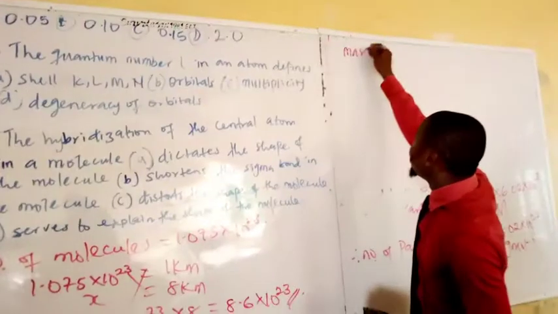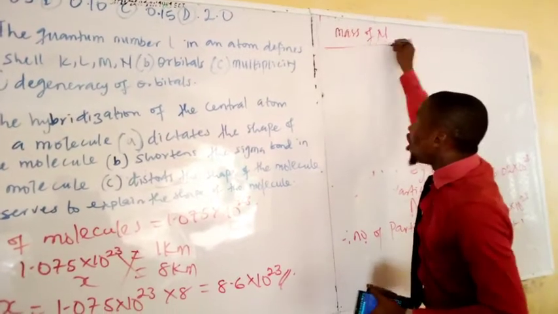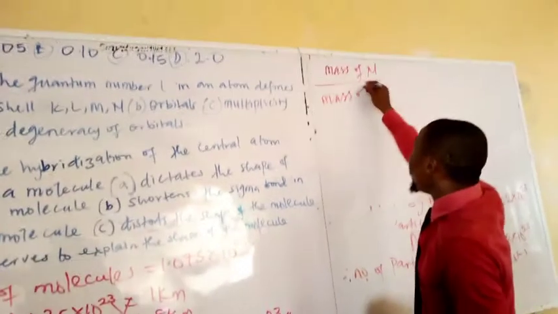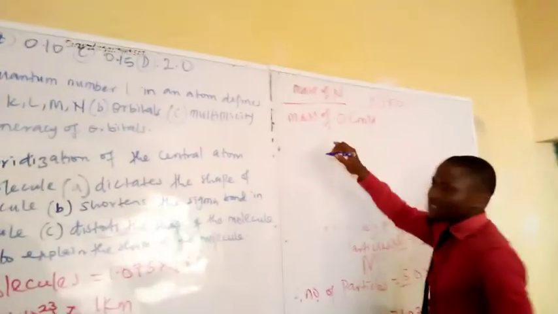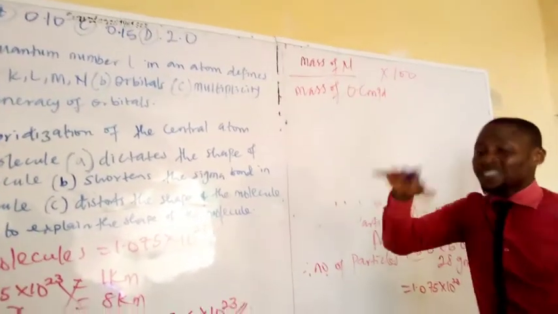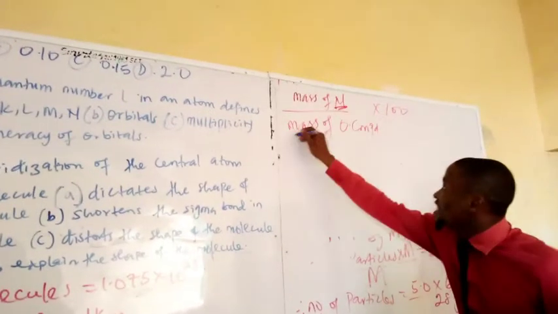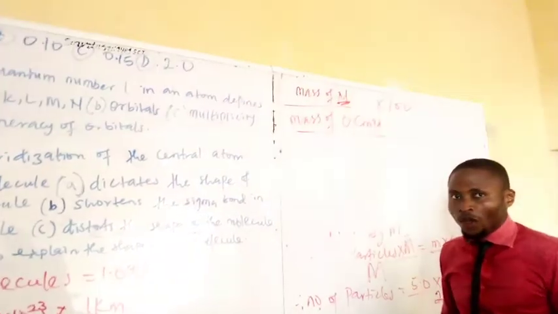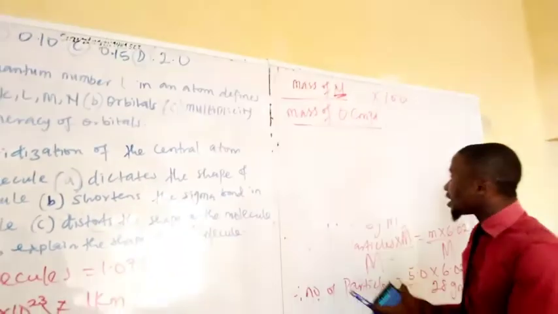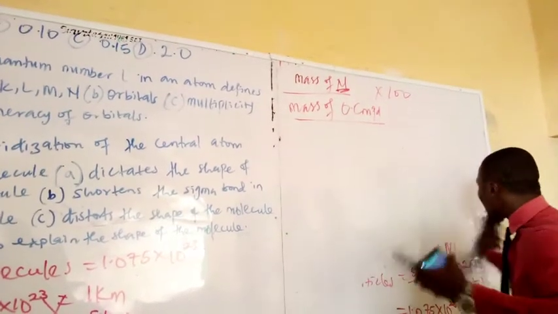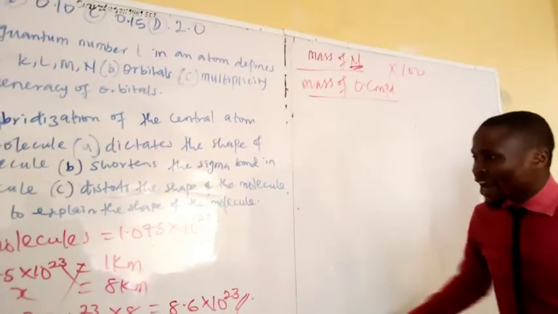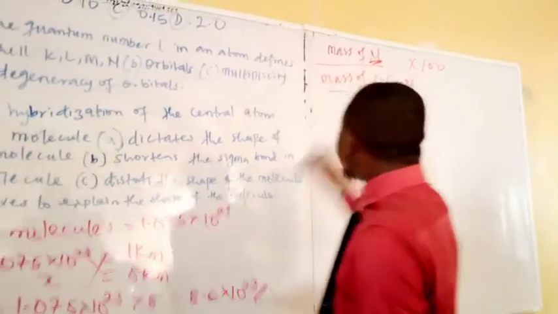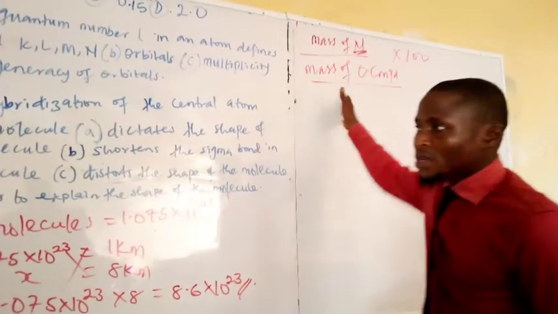Ladies and gentlemen, what we need is the mass of nitrogen all over the mass of the organic compound multiplied by 100. This is the way to know the percentage composition of nitrogen in the organic compound. Do you understand? However, we were not given the mass of nitrogen. We were not given the reacting mass of nitrogen. It therefore means we need to know the reacting mass of nitrogen.